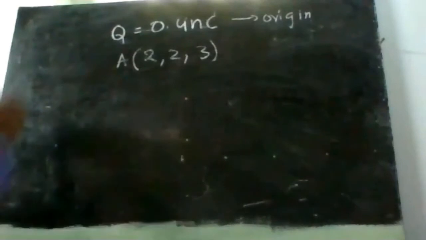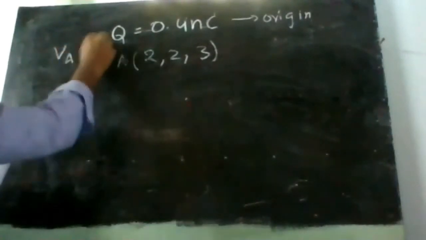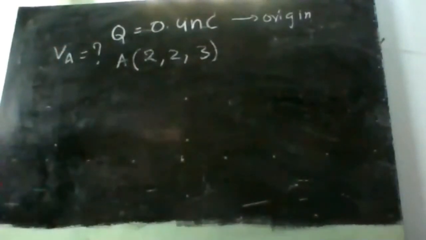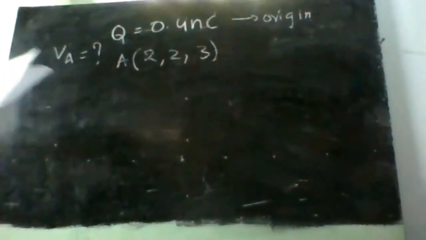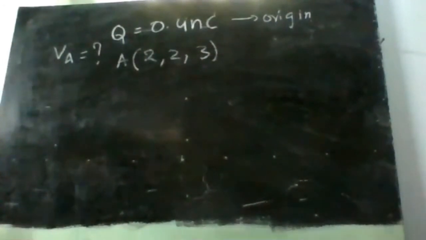Obtain the absolute potential, that is VA. He is asking us to find VA. So obtain the absolute potential at the point A (2, 2, 3). That is one.